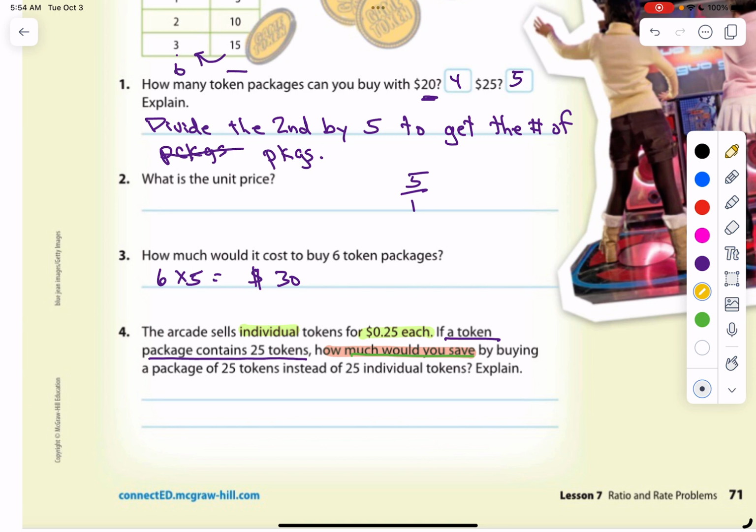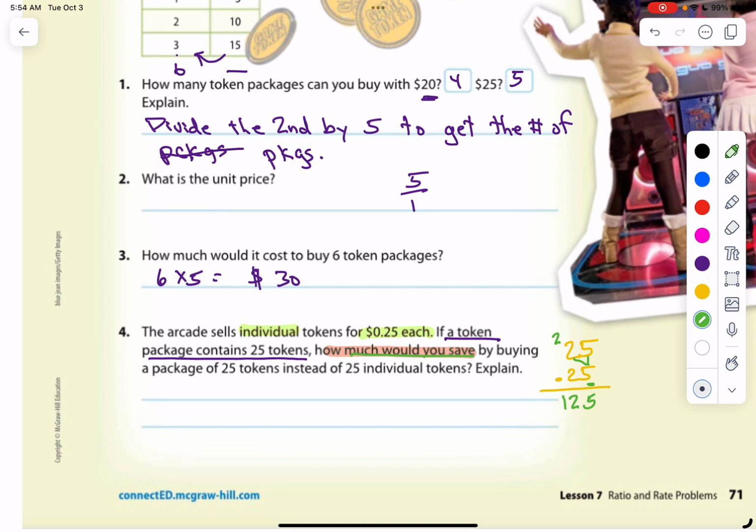So we know that we were buying 25 tokens, and we know that the tokens cost 25 cents each individually. So we are going to first multiply the ones place by everything in our top number. 5 times 5 is 25. 5 times 2 is 10, plus 2 is 12.